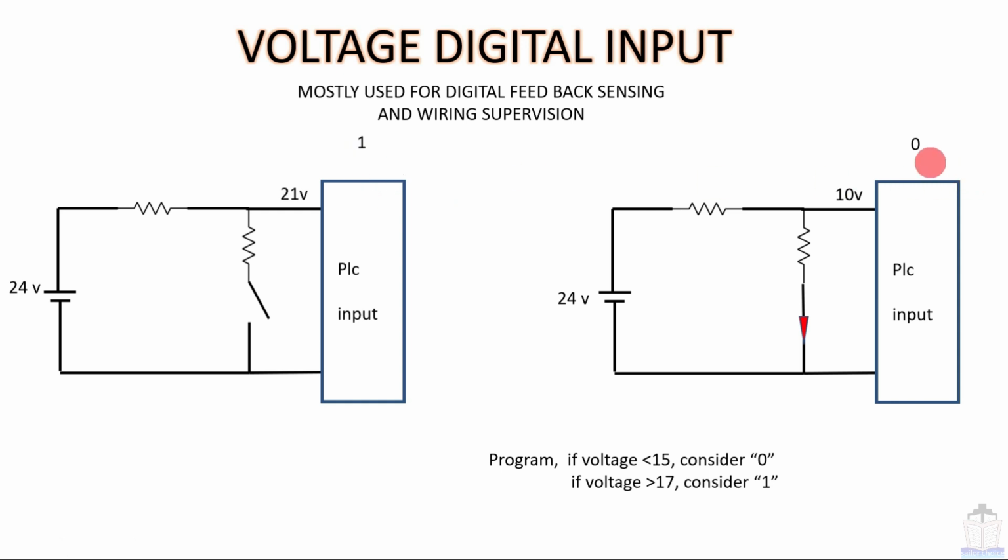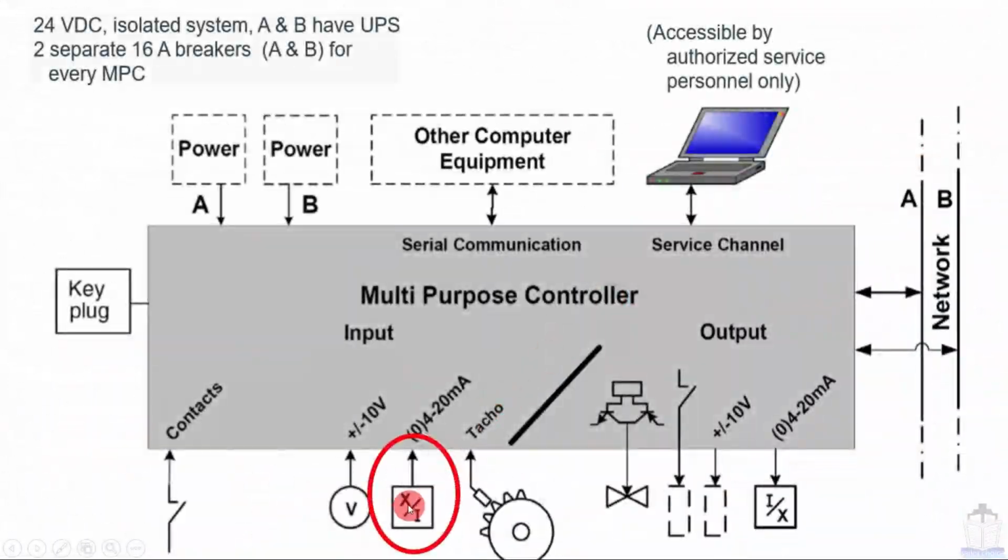Now moving to our next topic. This is X/I. X stands for anything like pressure, temperature, position, etc., and it is converted to I. I denotes current, so this is 4 to 20 milliampere. That means these are the analog input signals.